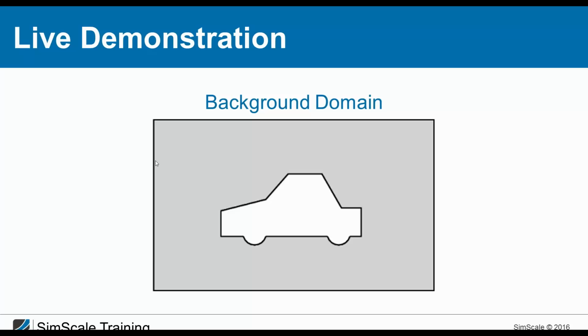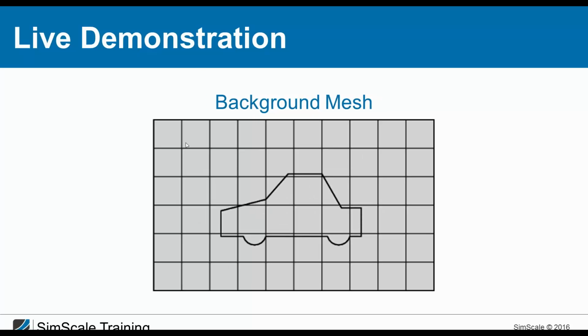So basically our geometry is the car, and as the first step we define a background mesh, which is describing the fluid flow domain. Once we have created this box, we start to divide it and mesh it into small cells. After that, this mesh will be refined based on your settings.